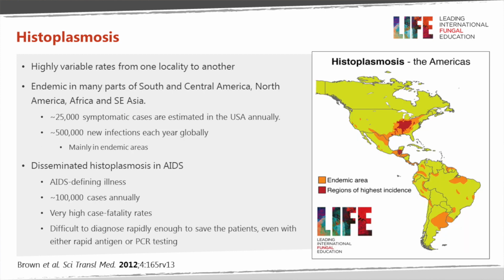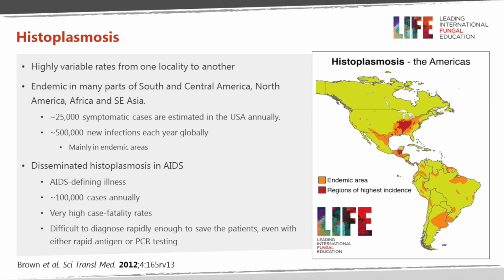Histoplasmosis is very variable in frequency, and so you need an estimate by locality. So some of the countries you can see from very particularly common in Guatemala and the Mississippi Basin in the USA, and there are other parts which are hyperendemic for histoplasmosis as well.